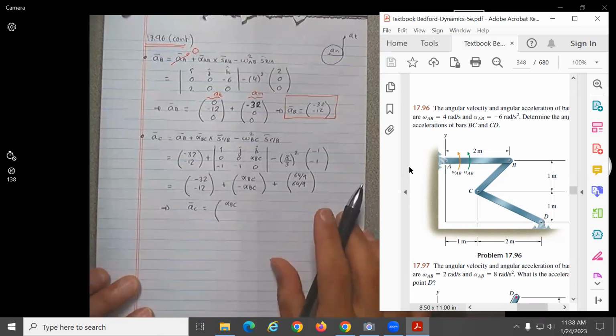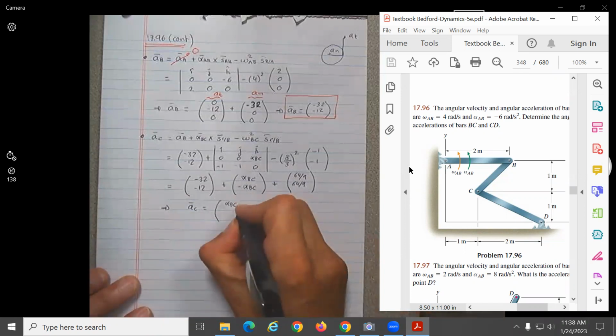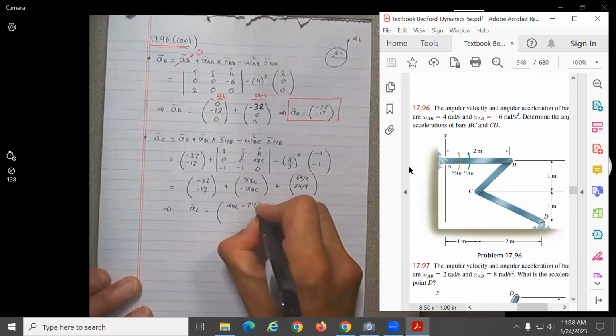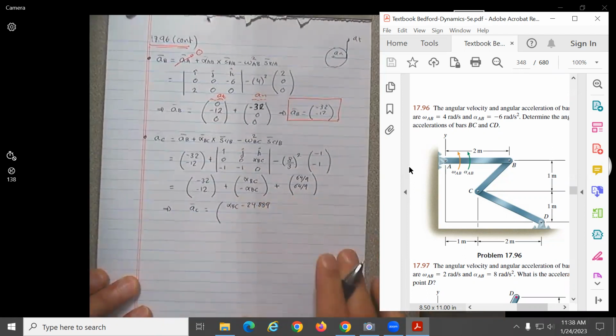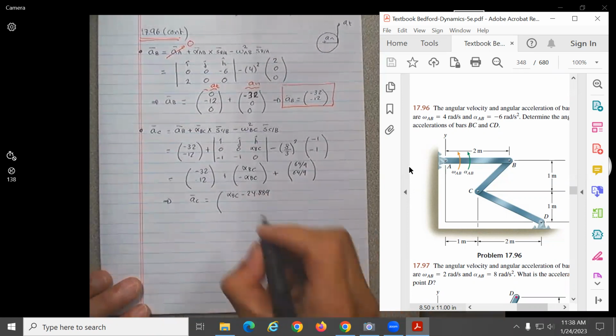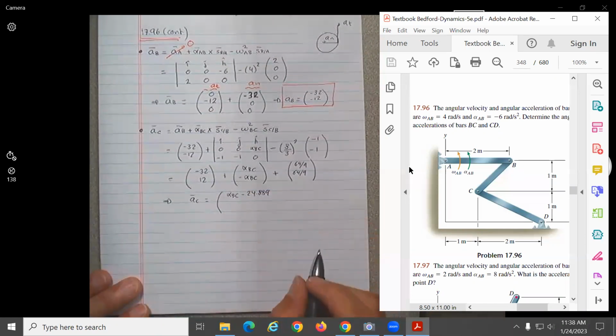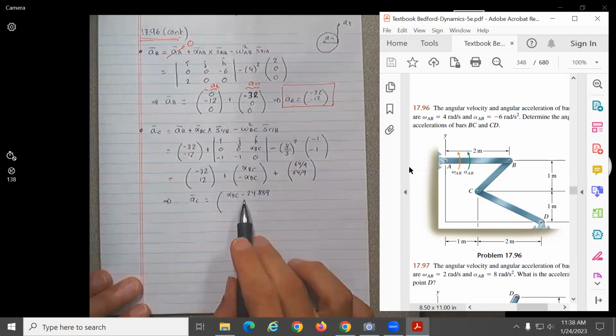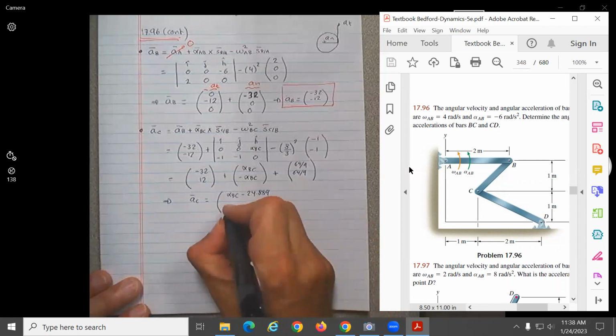How much? Negative 24.889. Okay. And please somebody double check, because that's correct. Okay. And the second one will be then plus 20, so it will be minus 44, I guess.